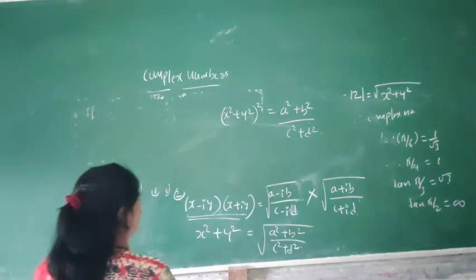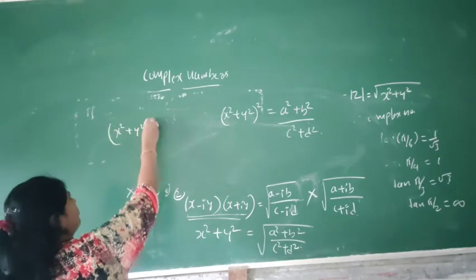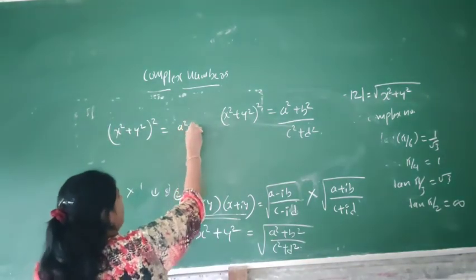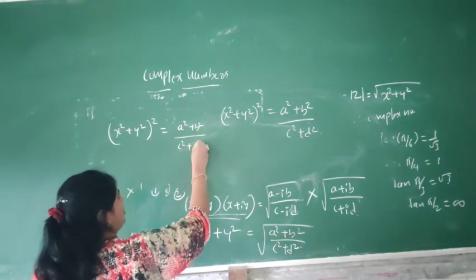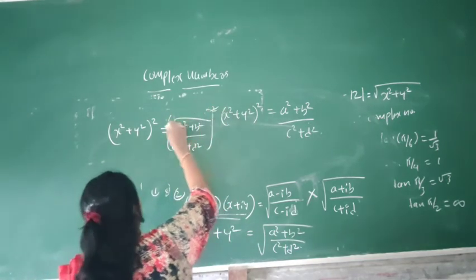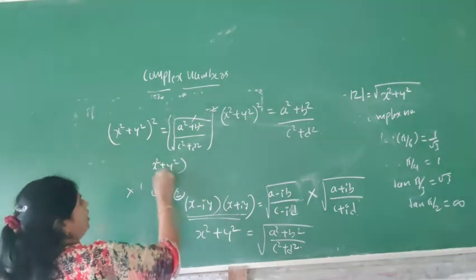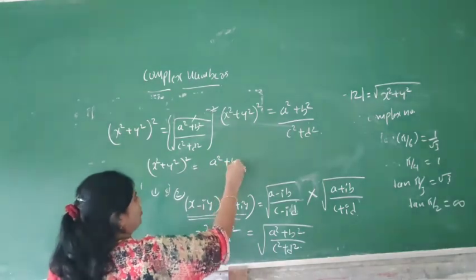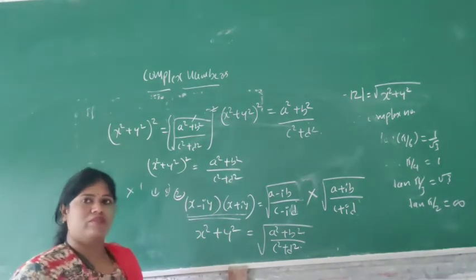So take square on both sides. x square plus y square whole square is equal to a square plus b square divided by c square plus d square, since the square and square root cancel.